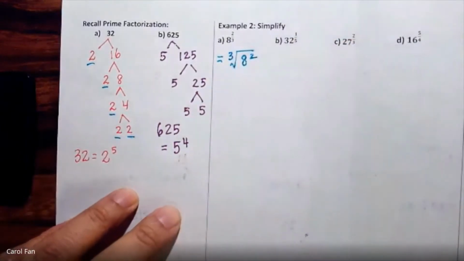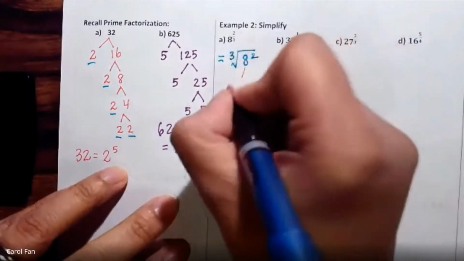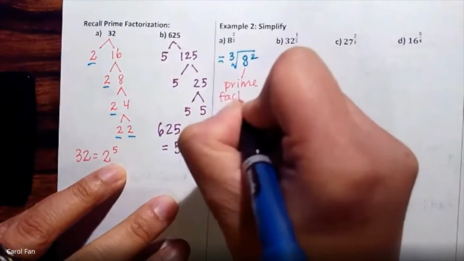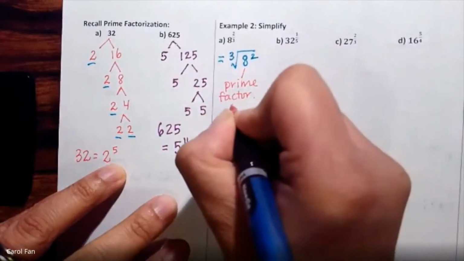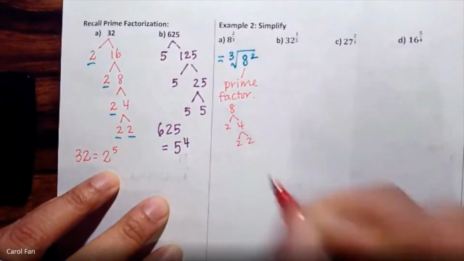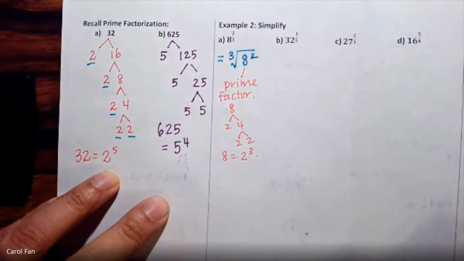I'm going to do the prime factorization of 8. So 8, 2 times 4, 2 and 2. So 8 is equal to 2 to the power of 3.